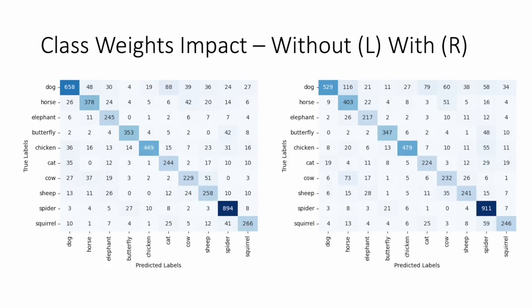So one of the first things we tried to improve our model was to use class weights to help mitigate that class imbalance. The confusion matrix on the left is without, and the one on the right is with class weights. So right away, if we look at the one on the right, we can see that it is not over-predicting dog nearly as much.